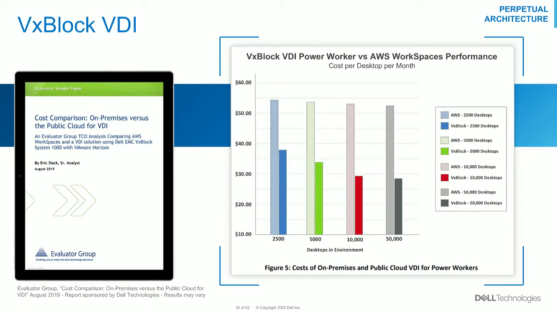Again, you can take the SAP along with the VDI, and it can all commingle inside a single VxBlock 1000. So instead of having multiple VxBlock systems, one for SAP, one for VDI, within the VxBlock 1000 you now have a single converged infrastructure system running multiple high-value workloads like VDI and SAP.